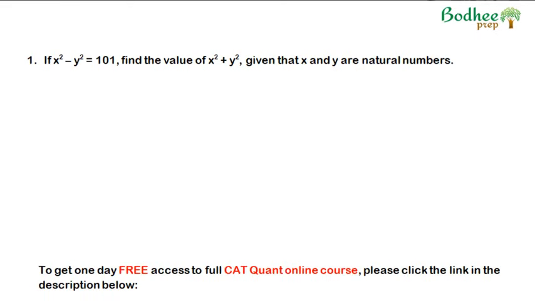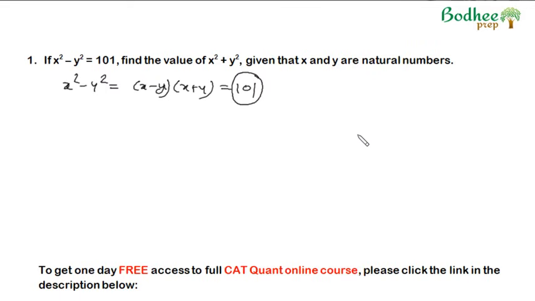Now this is a very easy question. Without wasting time, what we can do here is factorize it, right? We can say that x square minus y square can be written as x minus y and x plus y, correct?